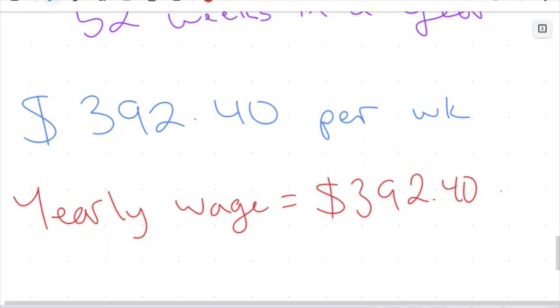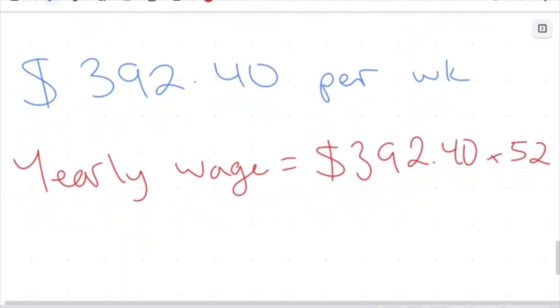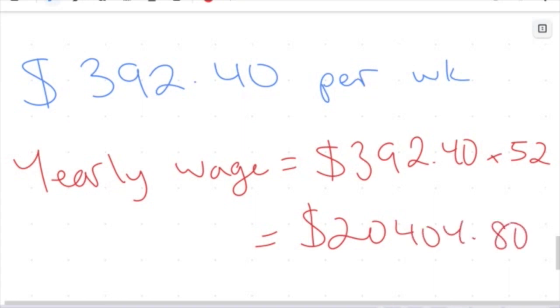So an easy way to figure this out would be to multiply this weekly wage by 52. And I wind up with $20,404.80. So that's a pretty good amount to take home, especially if you're working part-time.